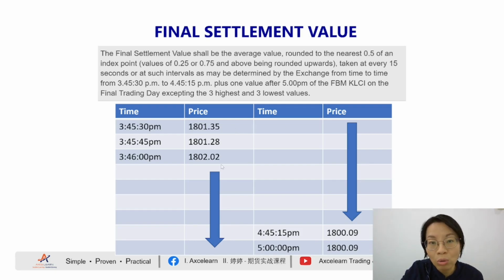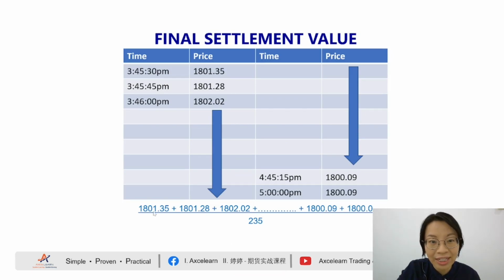So we are going to total up all these figures, which we have 235 ticks, 235 index points that we total up, because we need an average value. Am I correct? Let's say you calculate 1801.35 plus 1801.28 plus 1802.28, you total up until the last, then divide by 235 ticks.